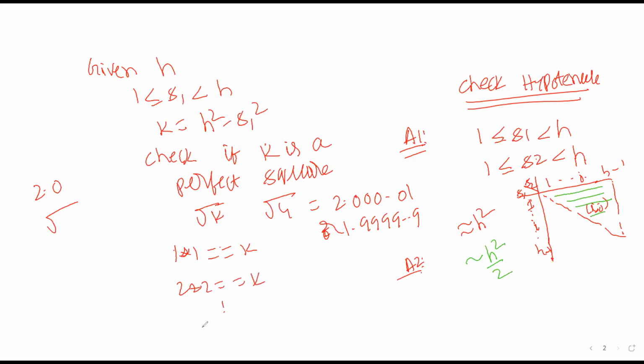We keep running a loop. At some point, there are two possibilities. At some point, you get I star I equal to k. If this is the case, we stop. Or the other case is I star I is greater than k, at which case you will come out of the loop.